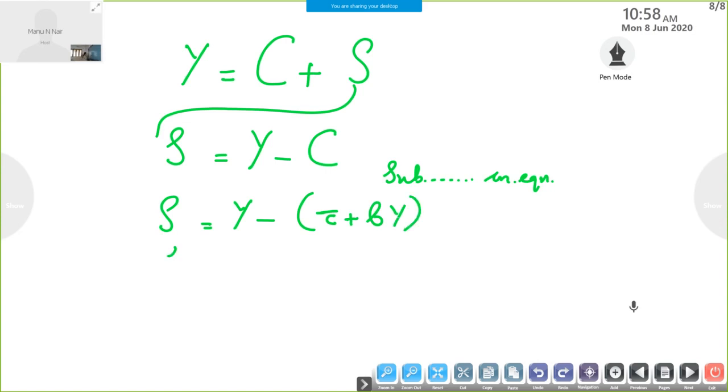Then open the bracket, again S is equal to y minus C dash minus by. We have to arrange the equation, that's why I am taking out y and minus by.